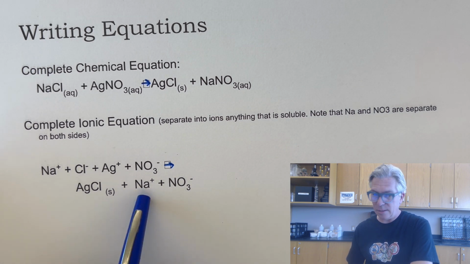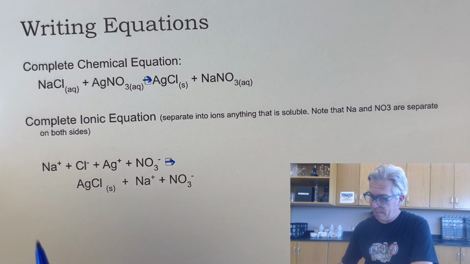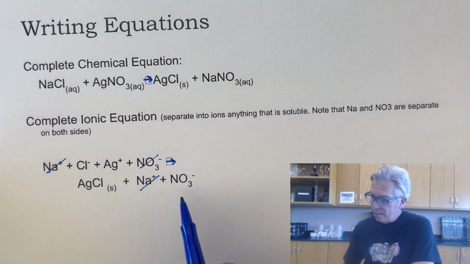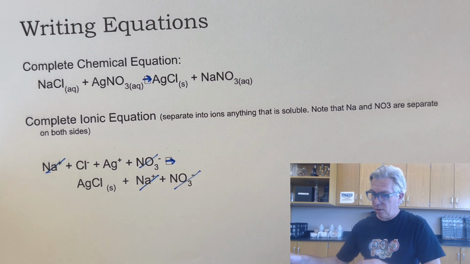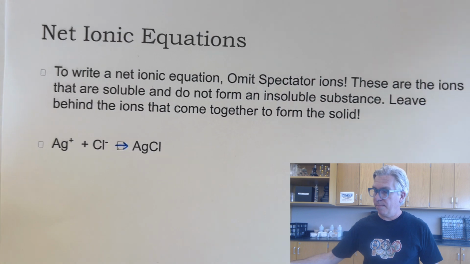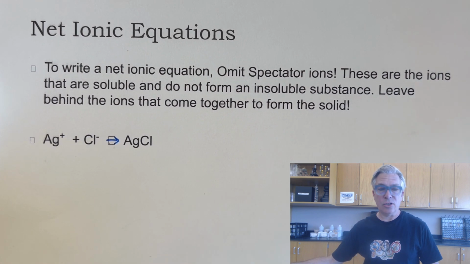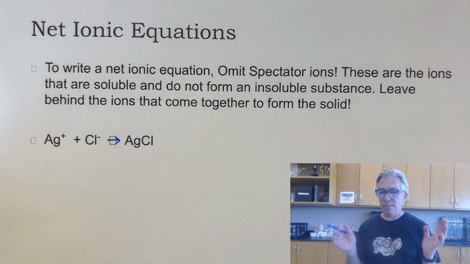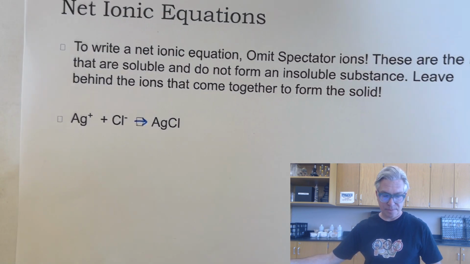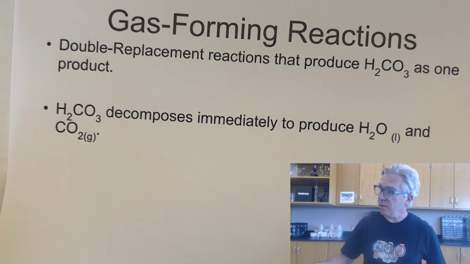Starts by itself, ends by itself. Let's get rid of it. Didn't do anything. Nitrate, start by itself, end by itself. Didn't do anything. And so what I have when I write the remainder is just the ions that actually did something. Yes, there's other ions here, but silver and chlorine are the two that got together, and that is my net ionic equation.